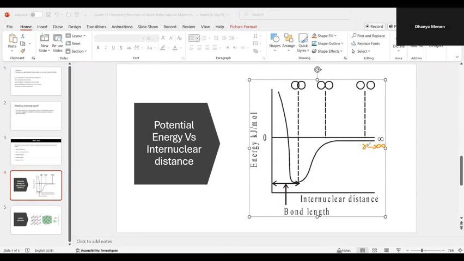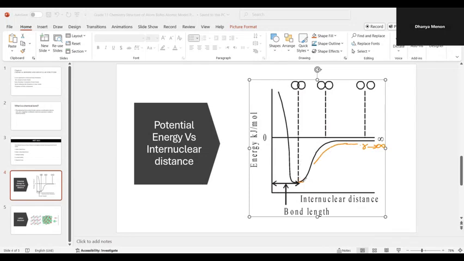Now, when the distance between the atoms is reducing, what is happening to the energy? Energy is also reducing, if you see. So energy is becoming lesser.